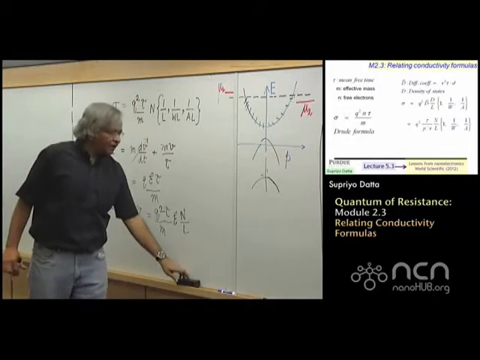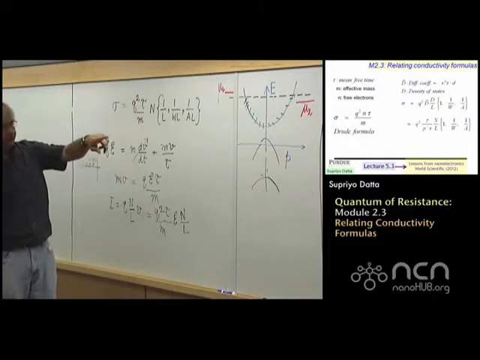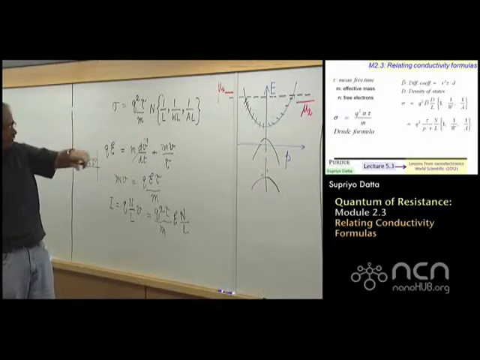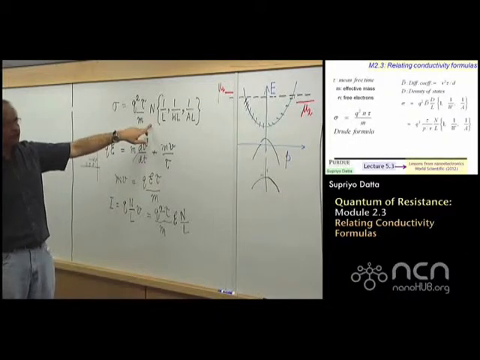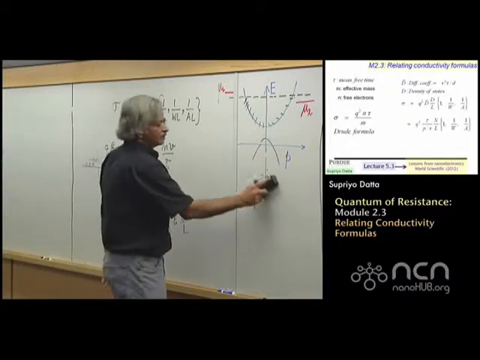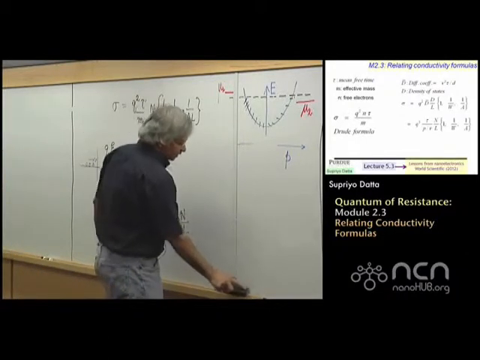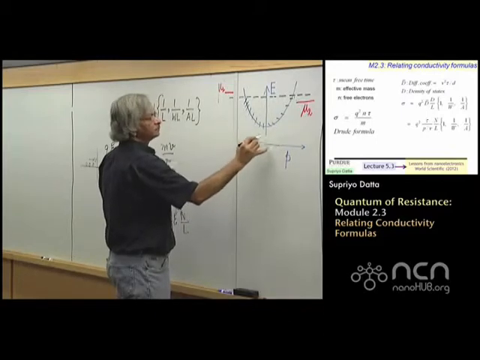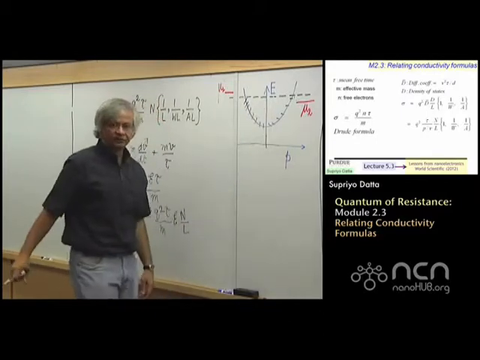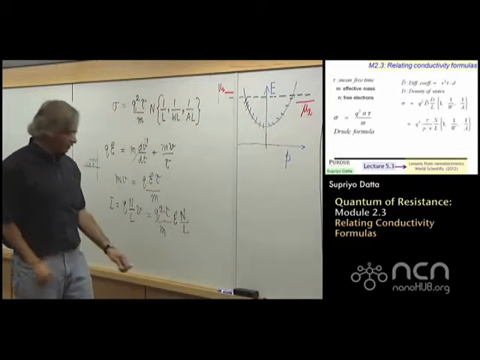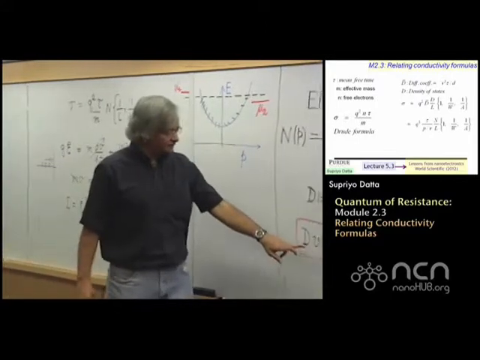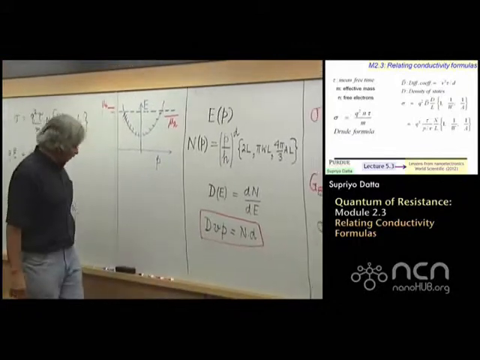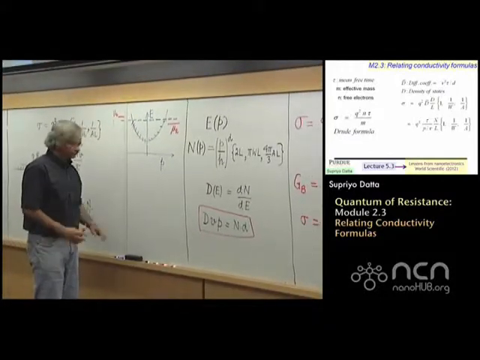Okay. Now, what I want to show then, quickly, is how our expression here will actually get you this expression also if you ignore all these other bands and just work with one band like this, given some energy momentum relation. And what we do here is, we make use of this relation that we obtained in module 2.1.